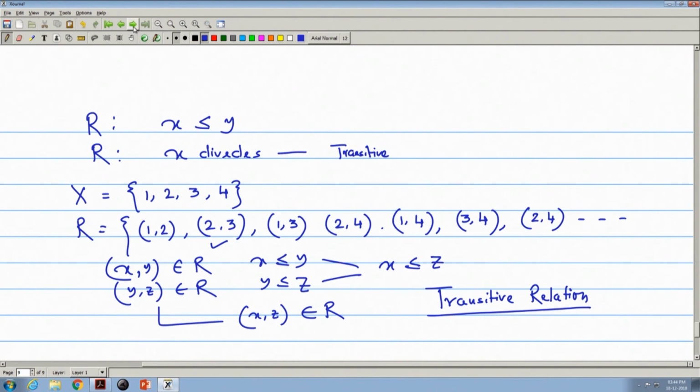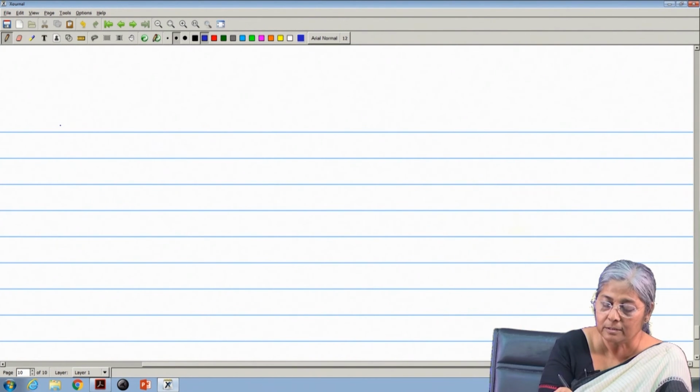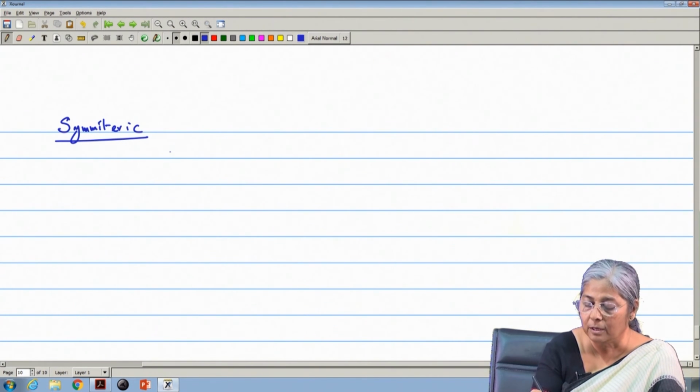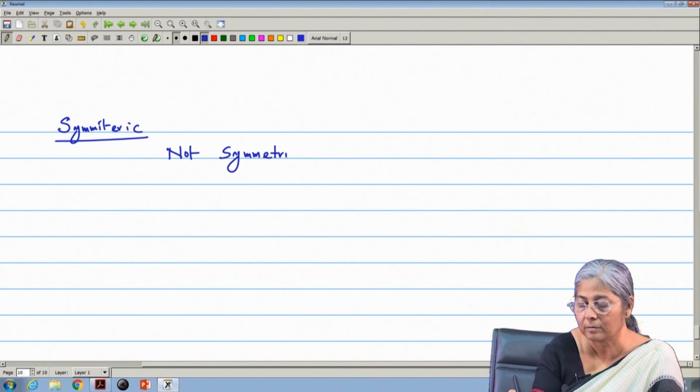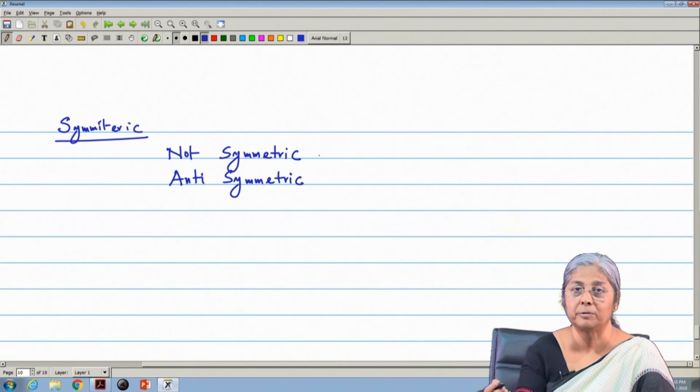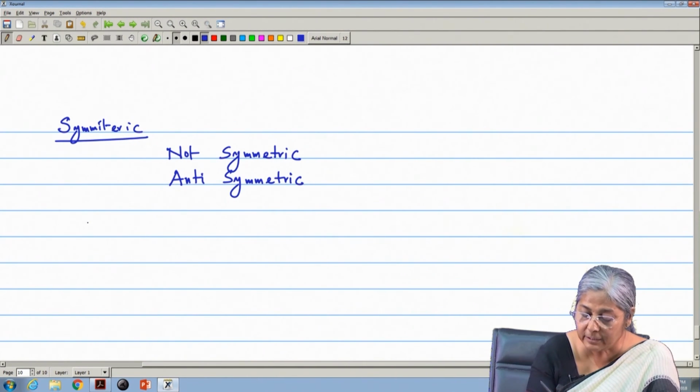Another relation is a variant of symmetric. When we have read about the symmetric relation, there are two other options: one is not symmetric, and one is called antisymmetric.